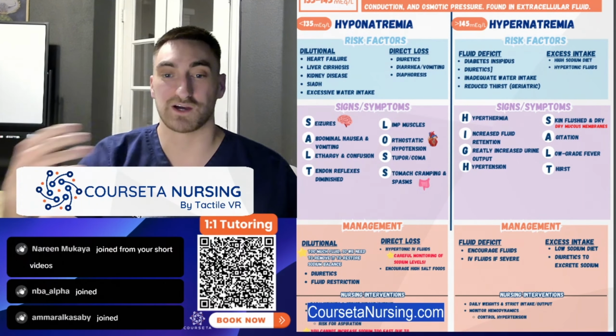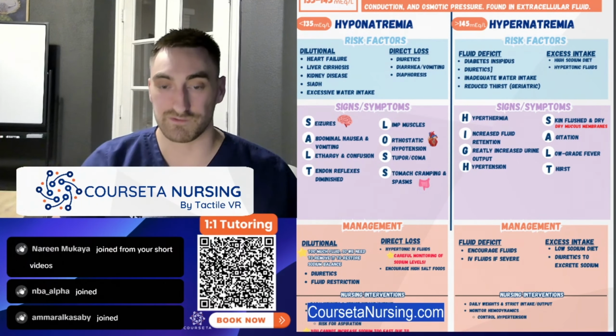Well, when you give hypertonic fluid, we're going to talk about this later with the IV fluids, but now the sodium concentration is high in the vascular space. So by osmosis, the water flows and follows that sodium out of the brain cell, and now the brain cell's like, oh, I have no water left. So then that causes some pretty significant issues with the brain. It can cause even worse cerebral edema than they already had, and then, of course, seizures and possibly death.